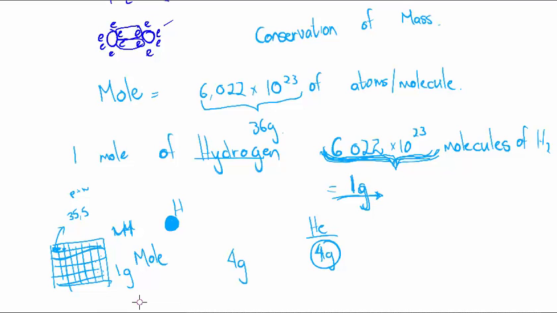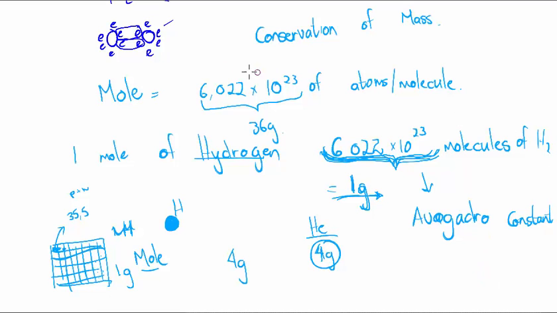So it's like saying 1,000,000 hydrogens weigh 1 gram, 1,000,000 heliums weigh 4 grams. So it's like a word representing a number. Does that make sense? So mole represents a number, this specific number, and this number is called Avogadro's constant. Is that okay?